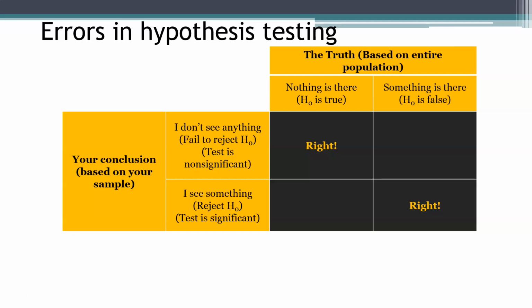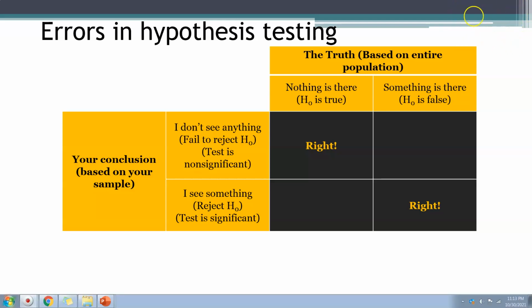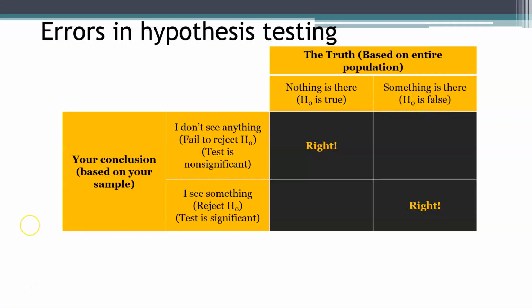A lot of times these hypotheses have to do with two things being related that maybe we didn't know about before. So the null hypothesis would be that there's really nothing going on statistically, and the alternative hypothesis would be that there is something going on statistically.